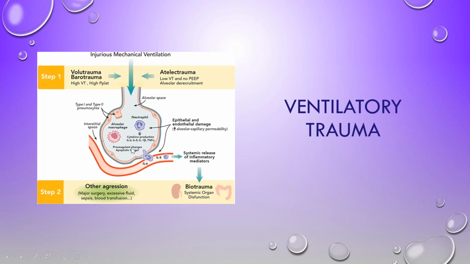Whatever we're putting in here, we start seeing an infective or inflammation situation developing in the alveoli. And that becomes a problem. We then see inflammatory mediators being released from there, which then leads to biotrauma.